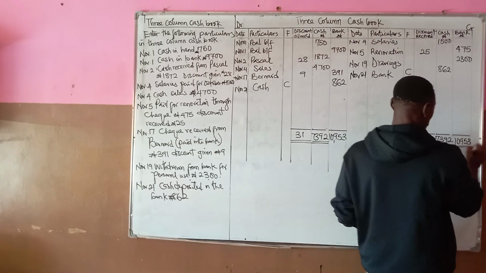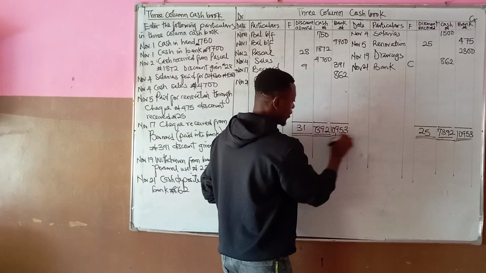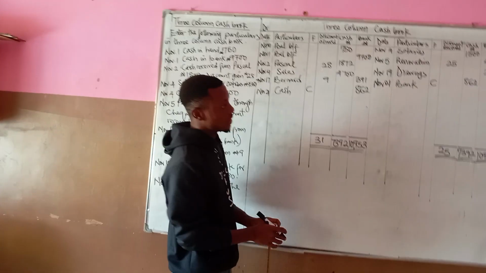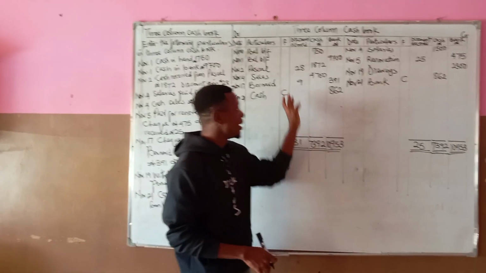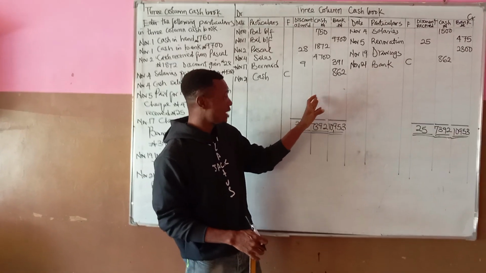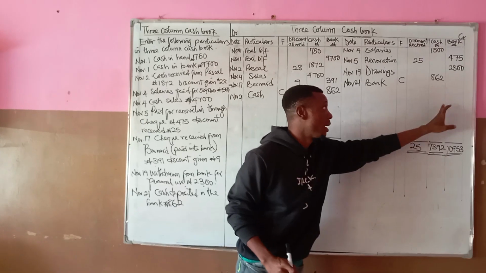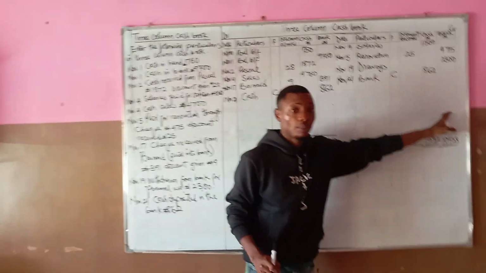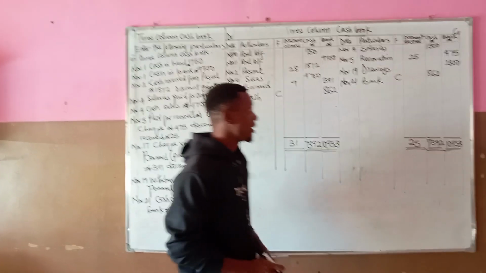In case you just joined us on the three column cashbook, the reason why we are closing with the balance on the debit side is because we've calculated, and the debit cash is higher than the amount on our credit side. Our debit balance in bank is also higher than the amount on our credit side.